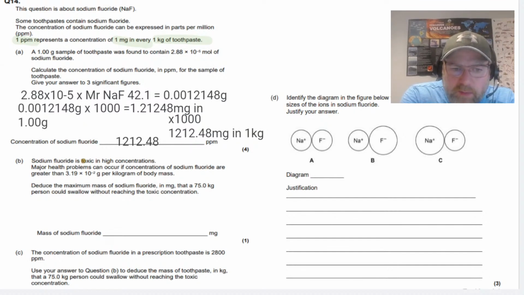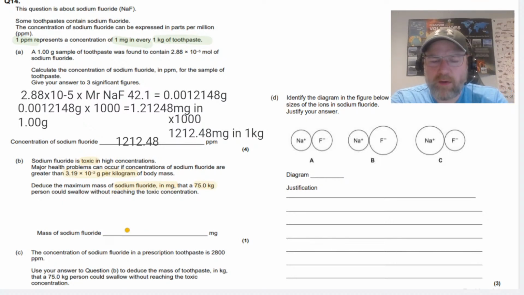So, right, we know it's toxic. We know there are 3.19 times 10 to the minus 2 grams per kilogram, to deduce the maximum mass of sodium fluoride in micrograms that a 75 kilo person could swallow before they reach a toxic level.